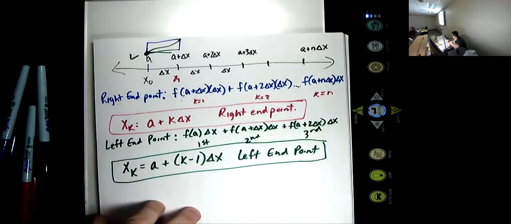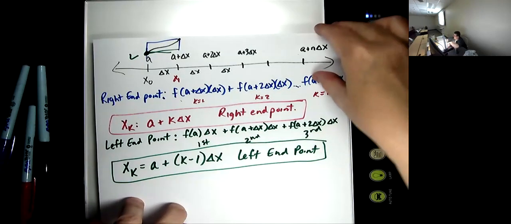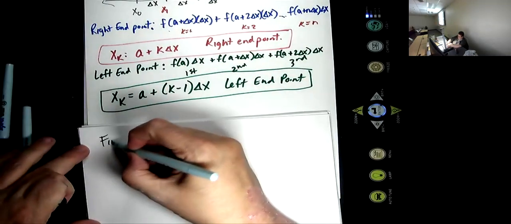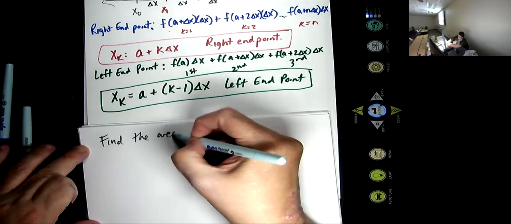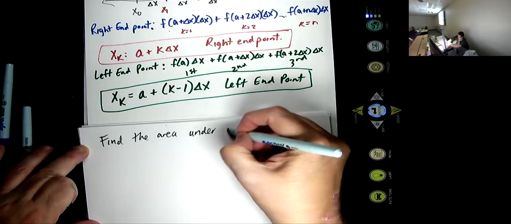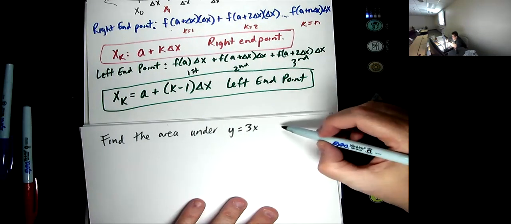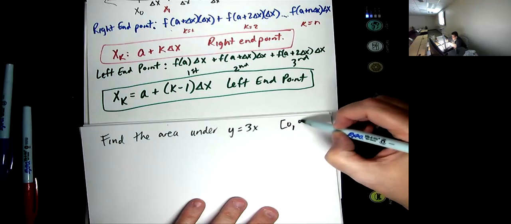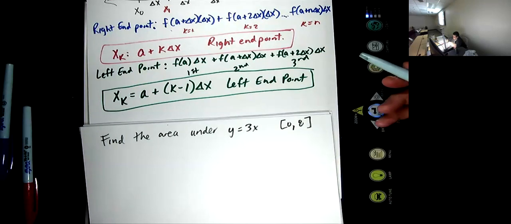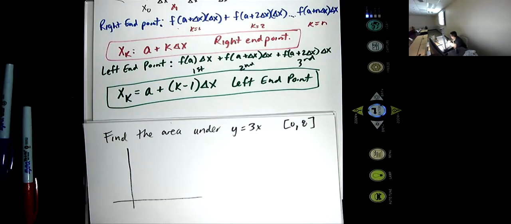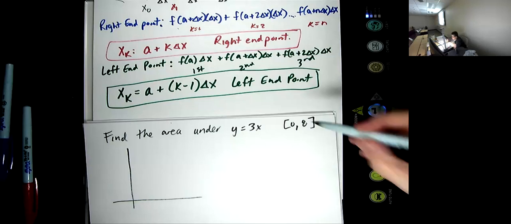So we looked at doing something like this for a regular thing, but we didn't use these summation forms. Let's look at y equals 3x. Find the area under y equals 3x from 0 to 8, and let's use n equals 4.